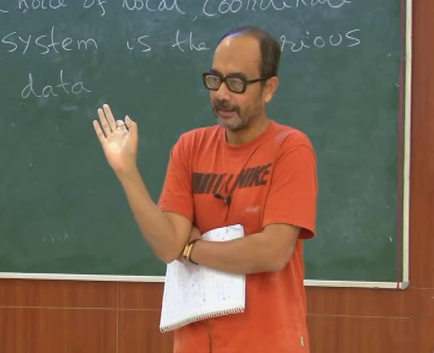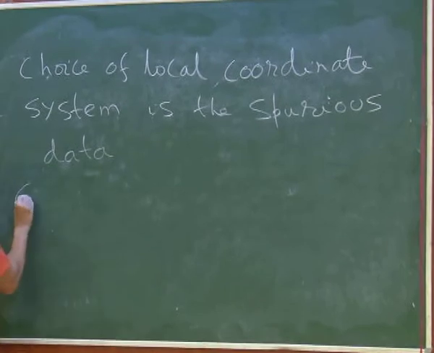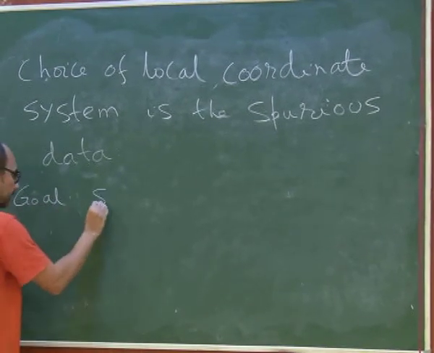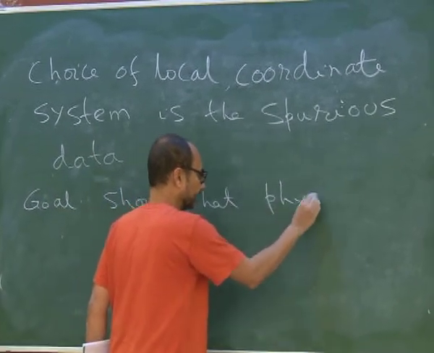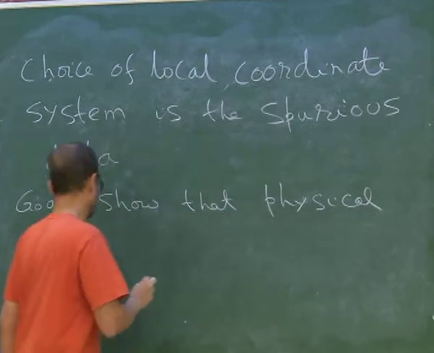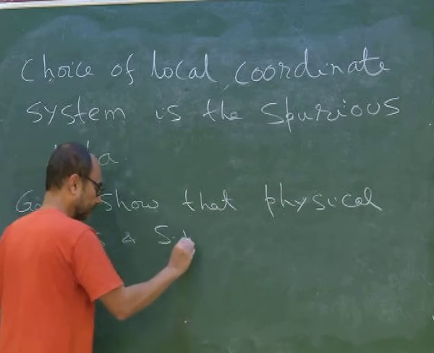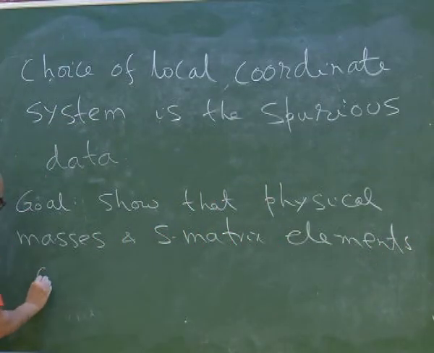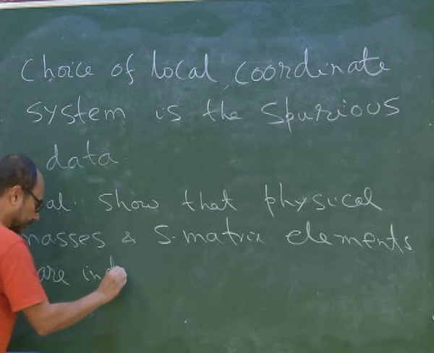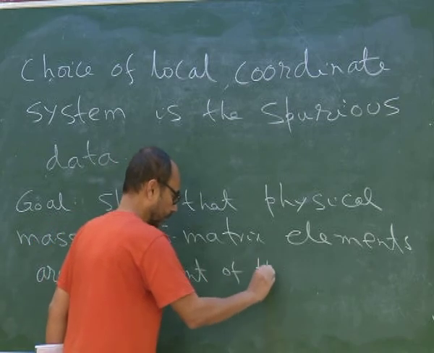So we live with this fact, but nevertheless, the goal will be to show that physical masses and S matrix elements are independent of this data, are independent of the choice of local coordinates.